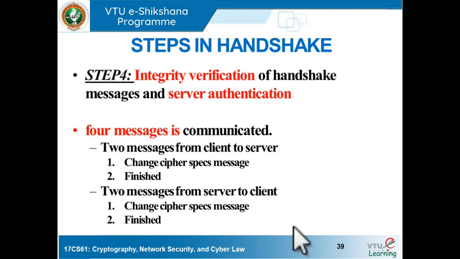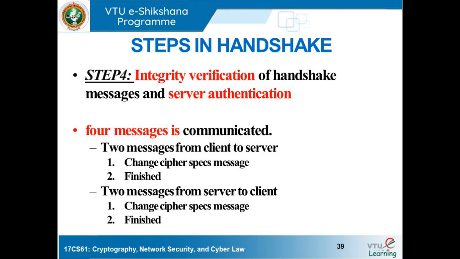In step 3, the client and the server are deriving various secrets or keys that are required to perform encryption or hashing or initialization vector. It is responsible for computing the pre-master secret, master secret, and the derived secrets.